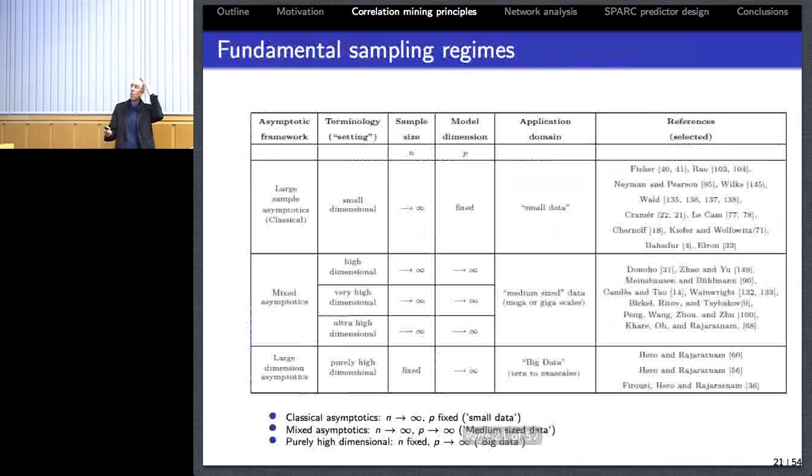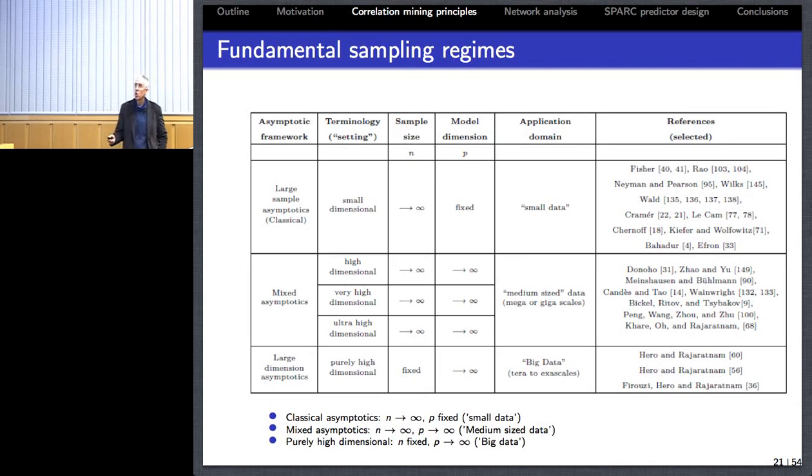This is just a table that gives some terminology. Large sample classical asymptotics is due to all these names well known to people in statistics, going back to Sir Ronald Fisher. For small data, it has a great application domain. There are mixed asymptotics that were recently developed in the 80s and 90s by some well-known living statisticians.